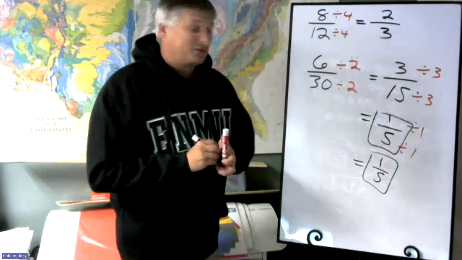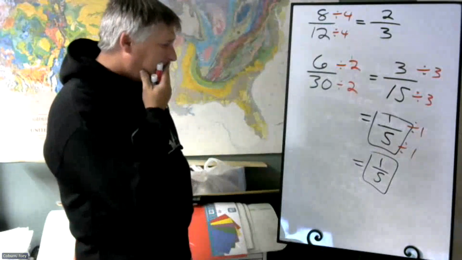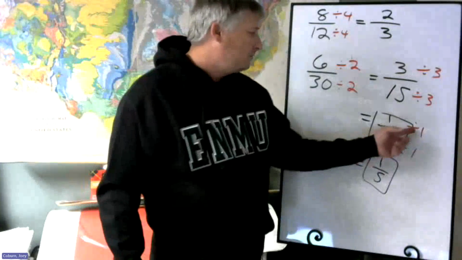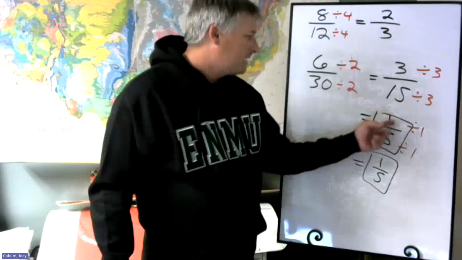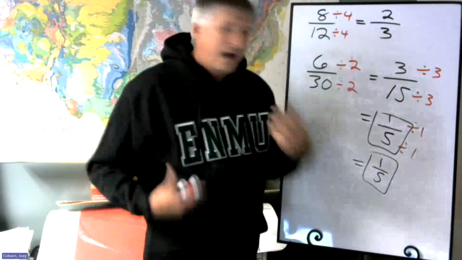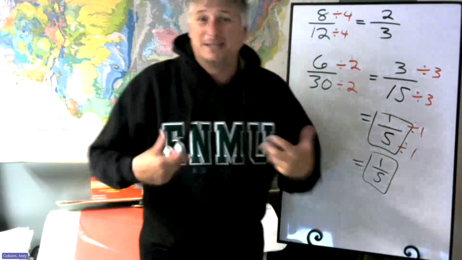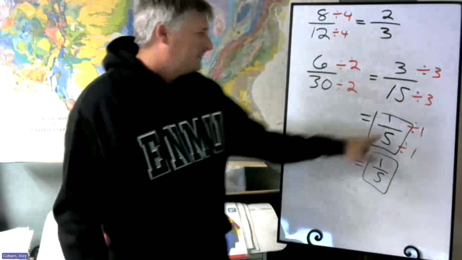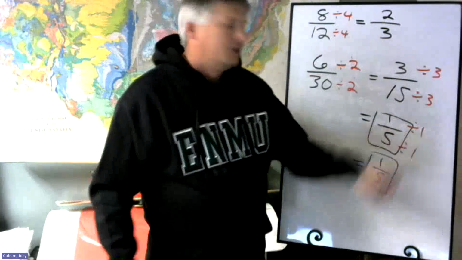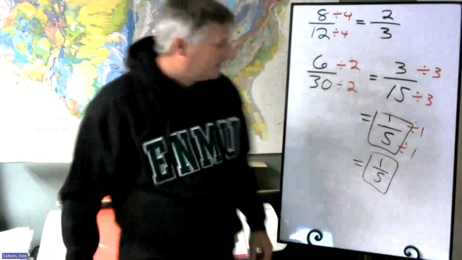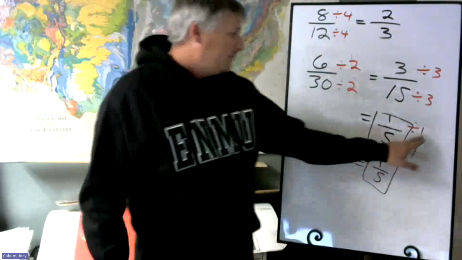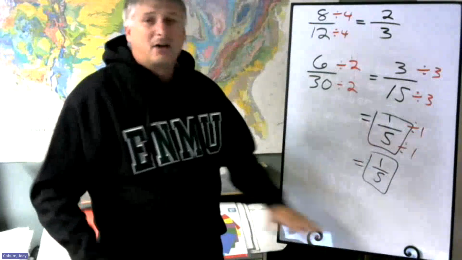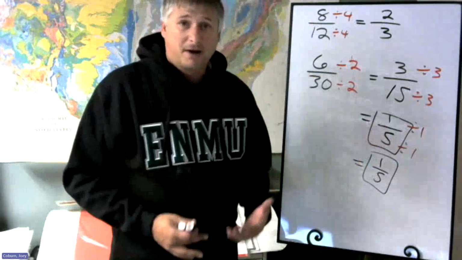You just get the same answer. If you get a fraction where the only number that goes into the top and the bottom without creating a remainder or giving you a decimal, like if you divide 1 by 2, you're going to get 0.5, if the only number that'll work is 1, then you found the most reduced version of that fraction.